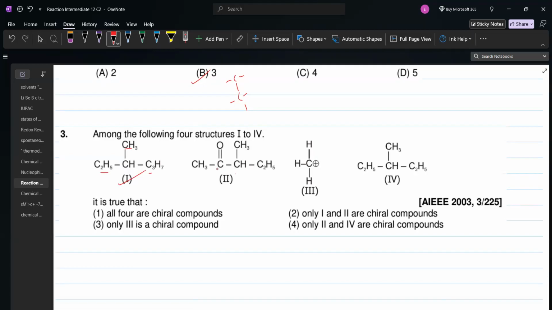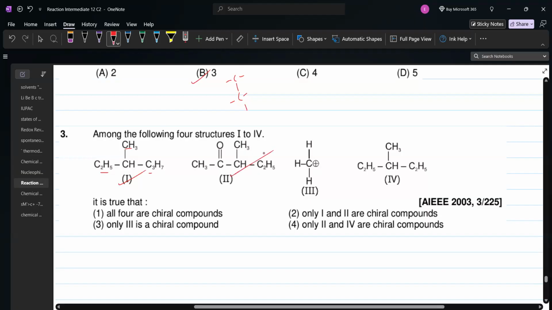This is not chiral, because chirality is defined only for sp3 carbons, and this is not an sp3 carbon. Leaving this carbon, this carbon has one hydrogen, and this group, this group, this group, all groups are different. So this is also a chiral molecule.